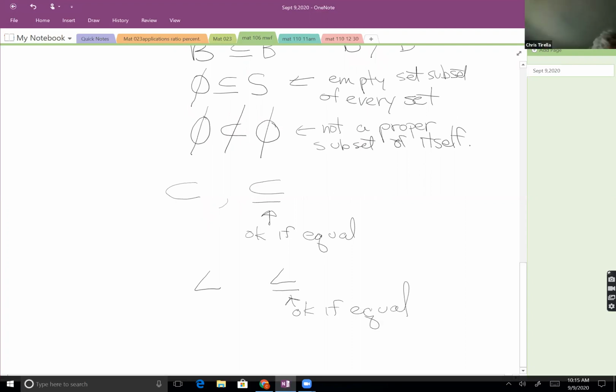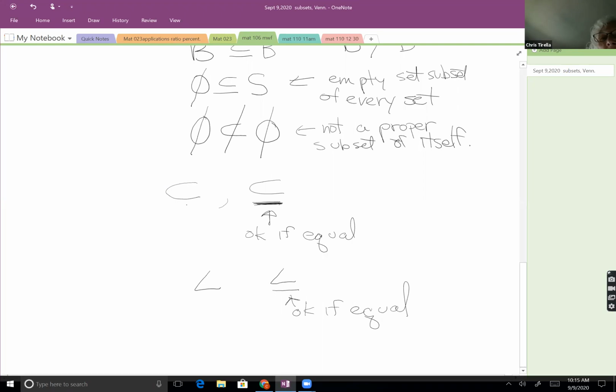Does everybody see the similarities between the two symbols? So it's a regular subset if the equal sign's underneath. It's okay if they're equal. If there's no equal sign underneath, it's a proper subset. The first one has to be contained in the second, but they cannot be equal.